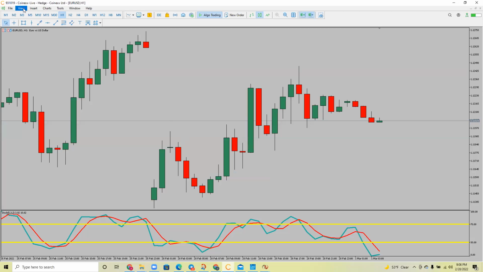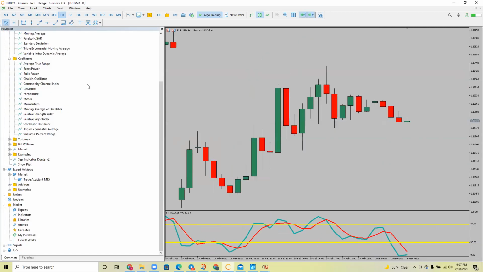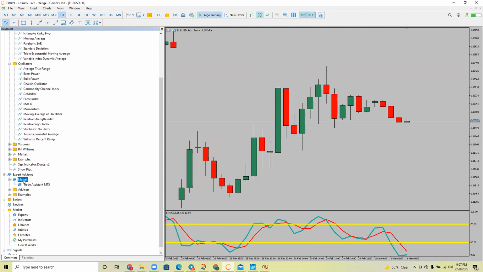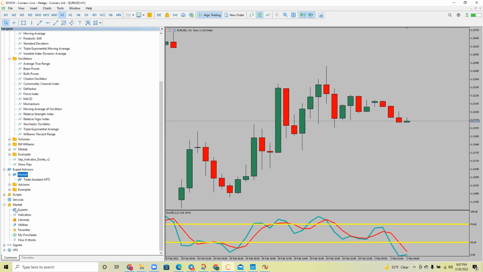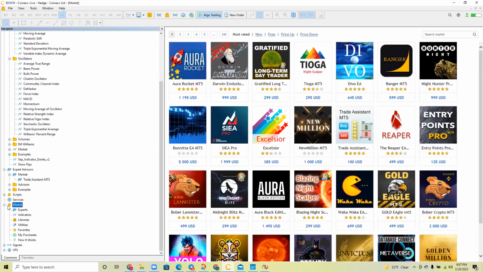Here's what we're going to do. If you're in front of your computer and you have your chart up, I want you to do this with me. You're going to go to View, and then go down to Navigator. Under Navigator, I want you to go down to where it says the Market. Here's the Market down here. You see it says Services and then it says Market. Let me do that one more time.